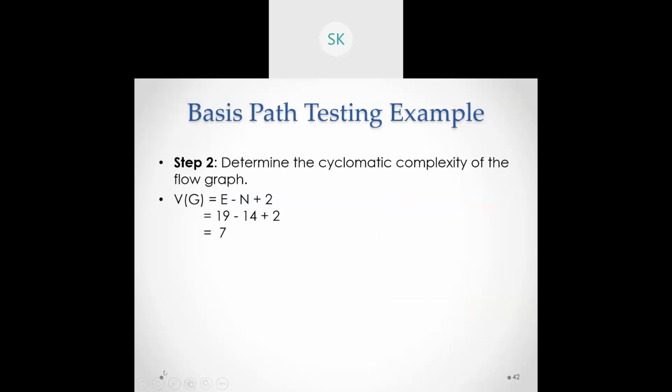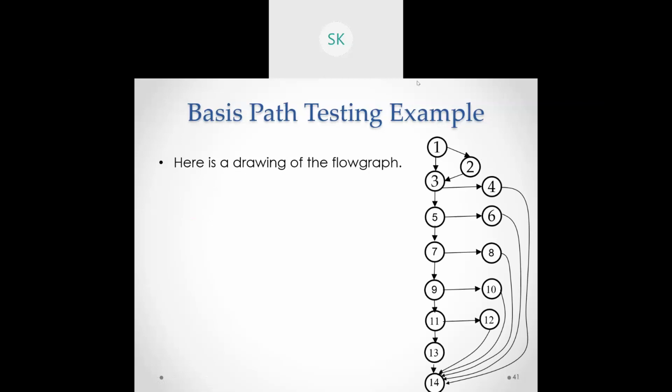So we have identified the cyclomatic complexity, which is nothing but the number of paths. Identification is over. Next thing is I need to write the path. How to write the path? For this writing of the path also, I'll take this annotation help.